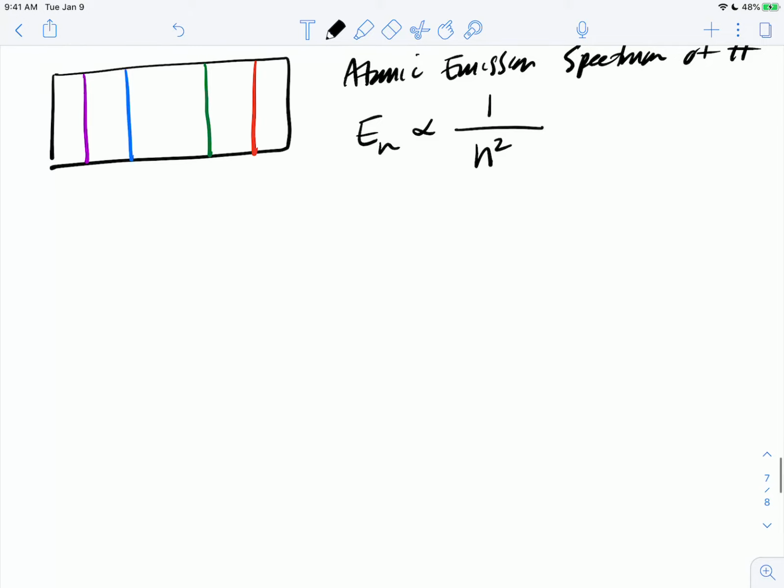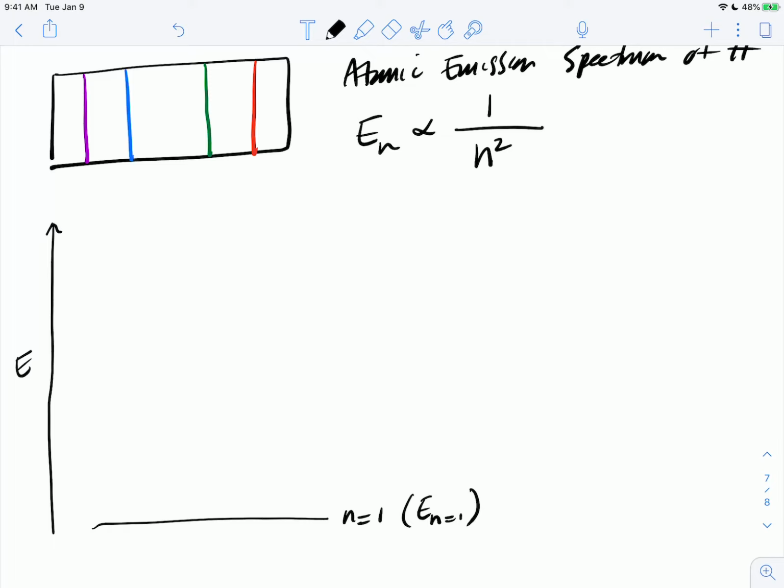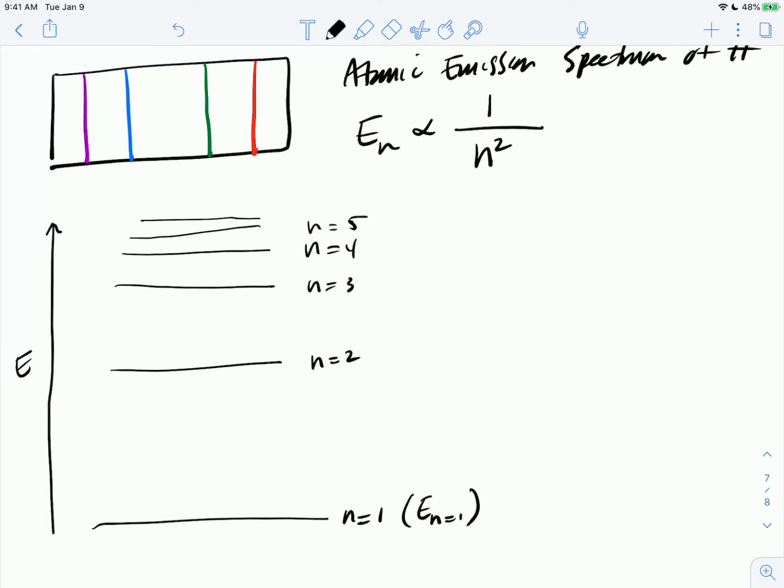So if we have an energy level diagram here, with energy, we start off at the bottom, n equals 1, where we would say energy to the n value equals 1, and then we have n equals 2, n equals 3, n equals 4, n equals 5, n equals 6, and then up and up.